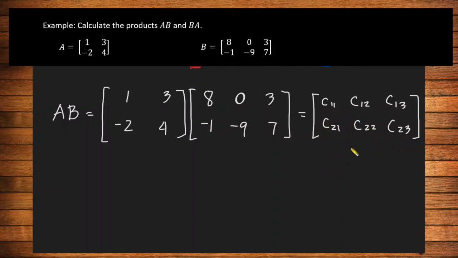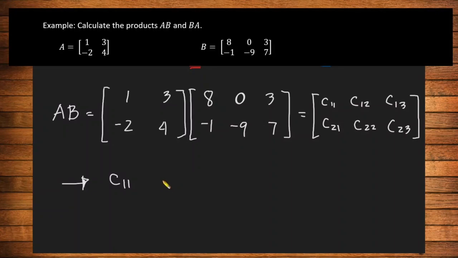Now, each element of this product matrix will be solved using the concept of inner product. So let's take the first element C sub 1,1, which is the element in the first row and first column of our product matrix.